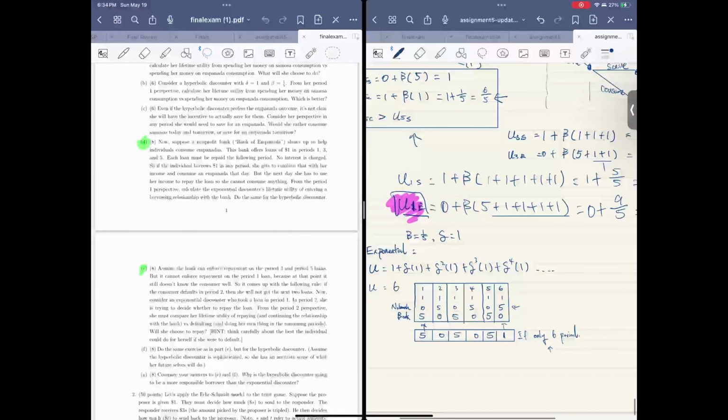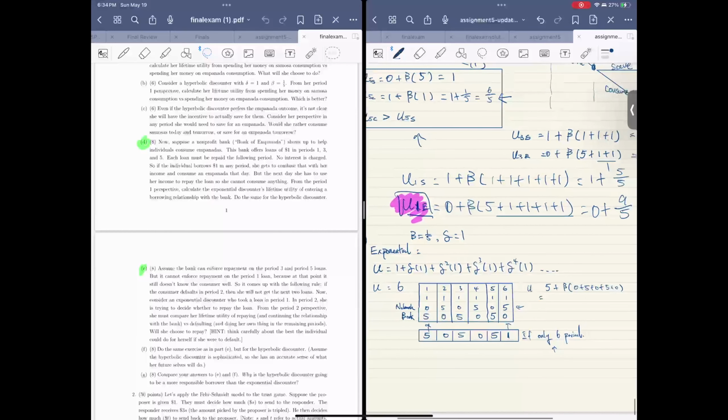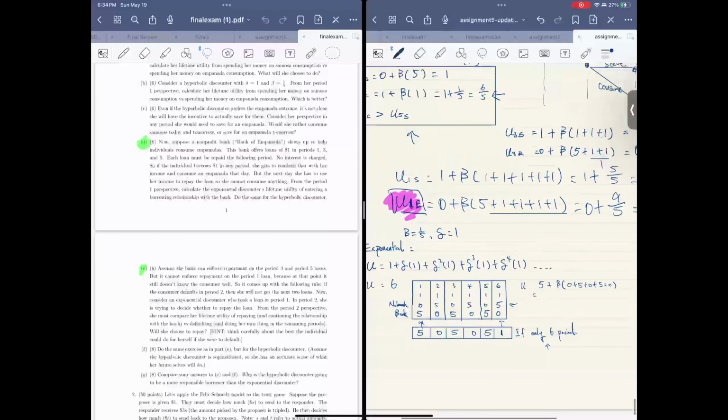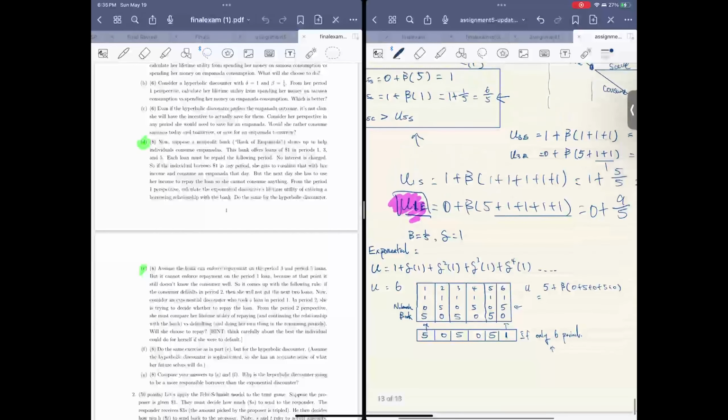So we will have 5 plus beta of 0 plus 5 plus 0 plus 5 plus 0. Oh, sorry, guys, I'm supposed to calculate for exponential. Okay, let's keep with our exponential.